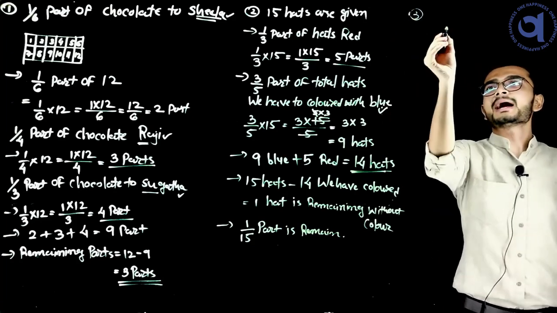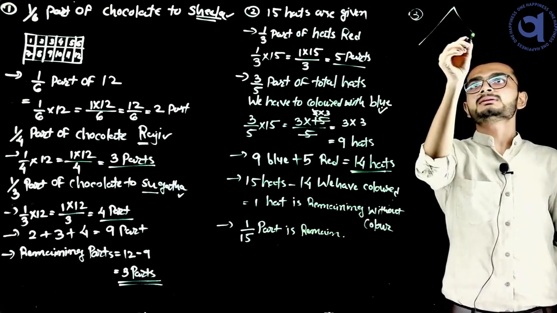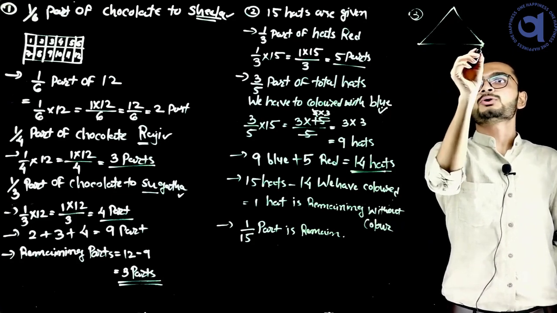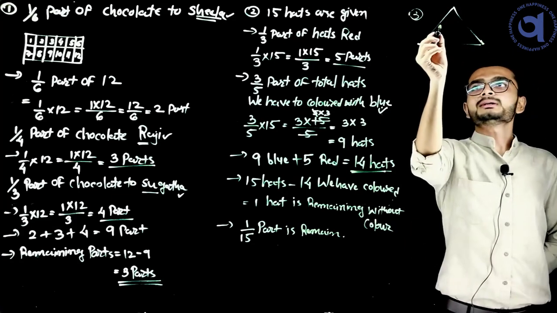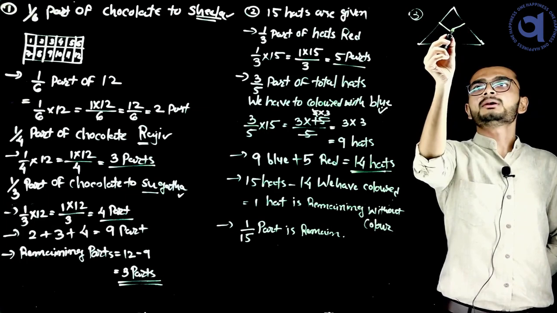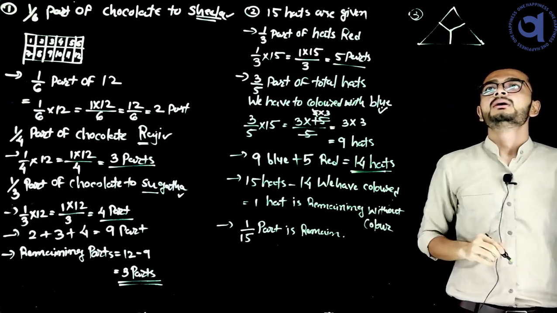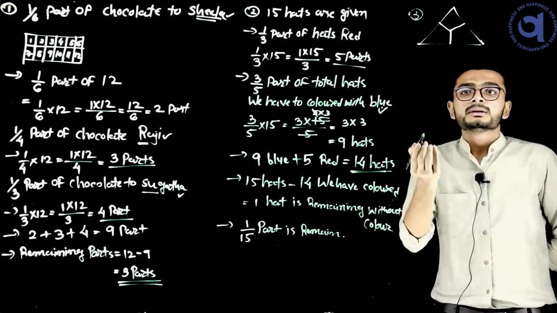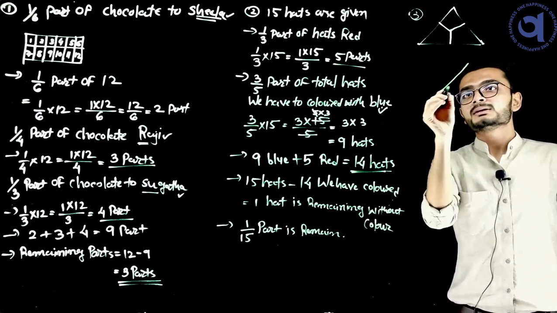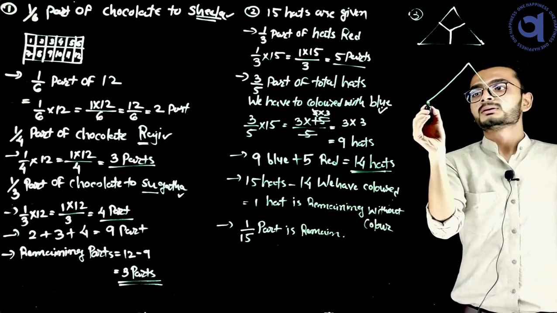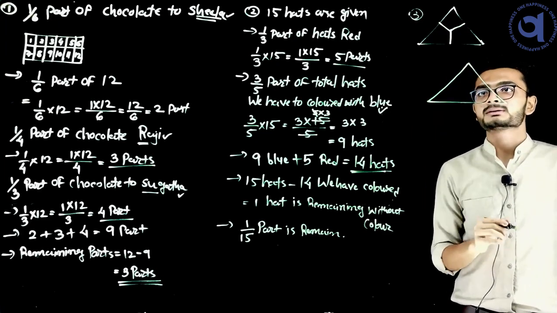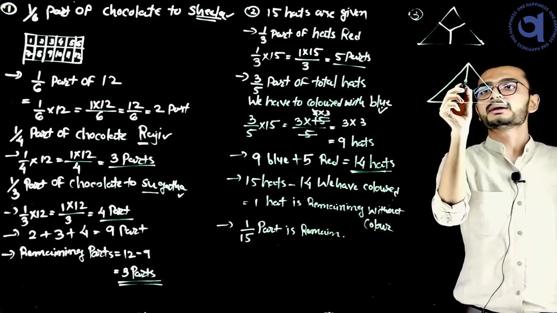Now the last, third question is: there is one triangle given, like the triangle given in your textbook. It is divided into 3 equal parts in such a way. Now we have to divide this type of triangle in another way into 3 equal parts. How can we divide it? It is very simple.